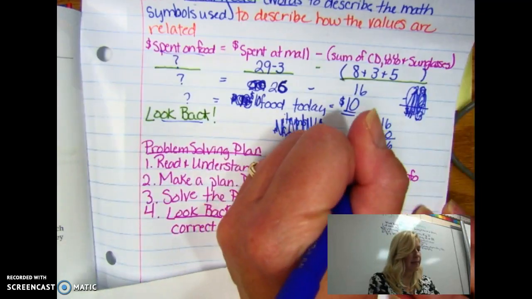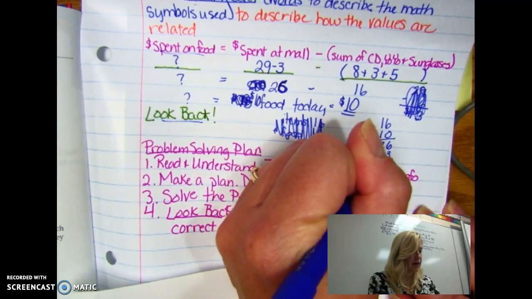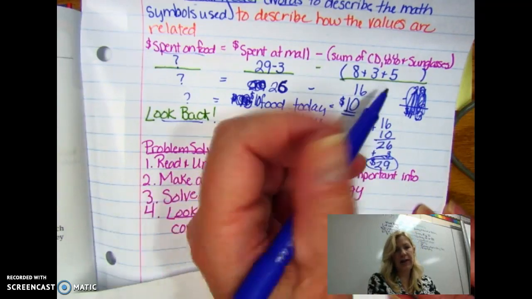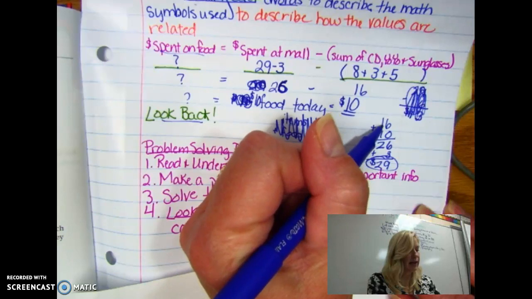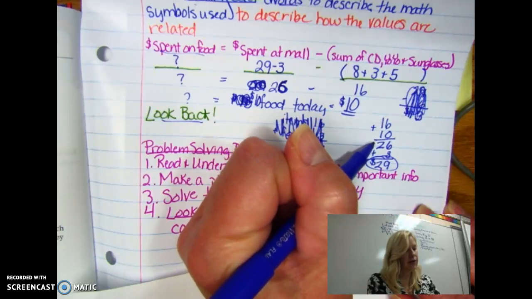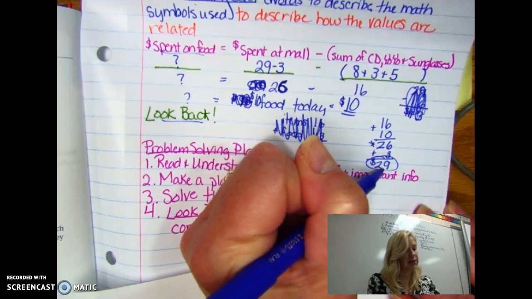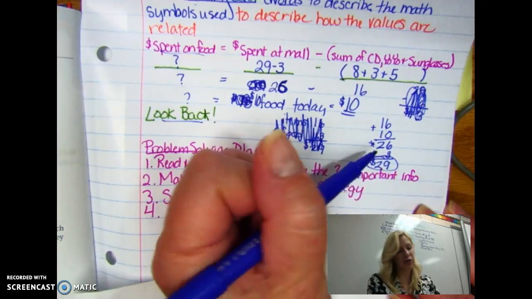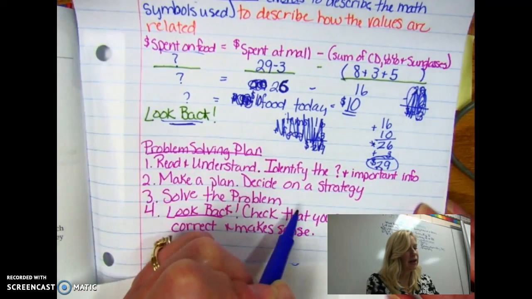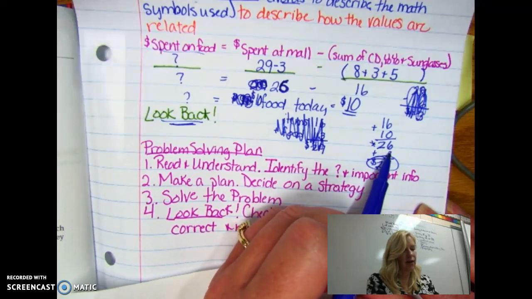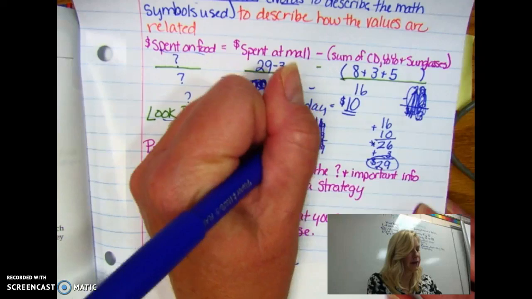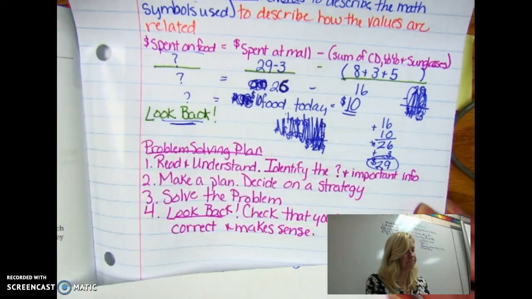So I'm going to add that back in, and I ended up with $29. Does that sound about right? This is what we spent on the items, this is what we spent on the food, this is the total that we spent, but we came home with $3. And so I got back to my original $29 at the very end. This looking back can guard against things like, oops, I forgot that I ended with $3. You're going to get a completely different number if you don't do that.